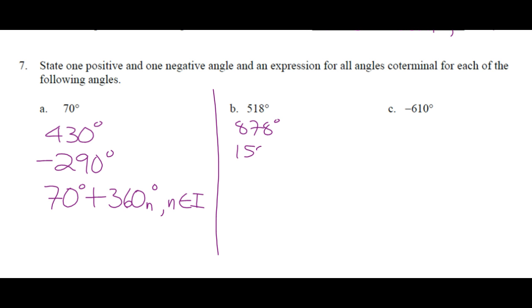That's 158 degrees. It can't be negative 180, this much I know. 518, so 180, 548. Negative 202. Okay, so you're just going to subtract 720. Negative 202 degrees. Now I want all angles.